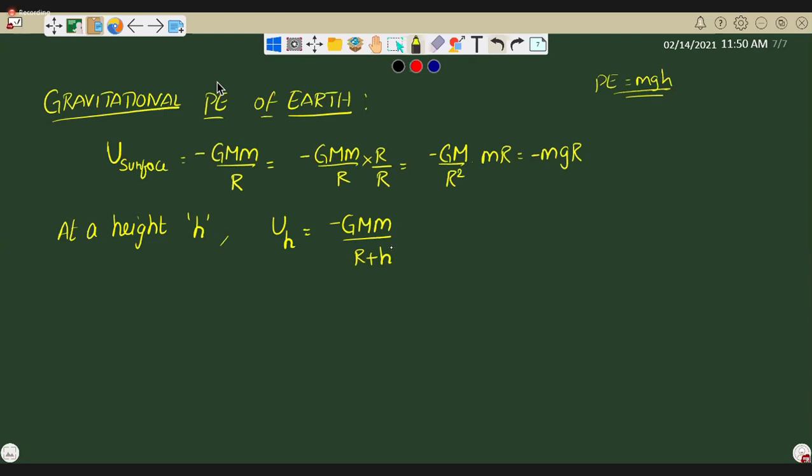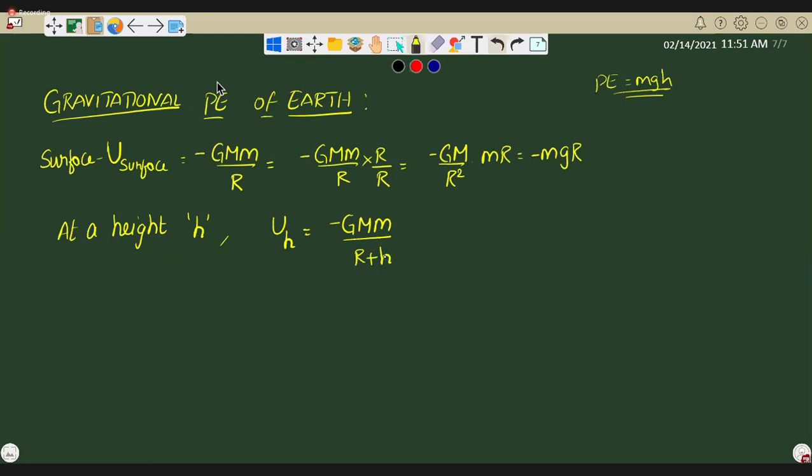Okay. So on the surface, you have minus GMm divided by R, or else minus mgR. If you go to a height h, you will have minus GMm divided by R plus h.